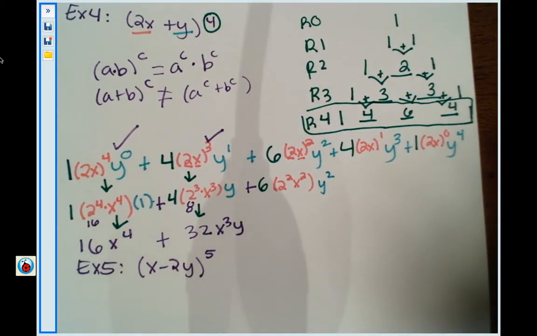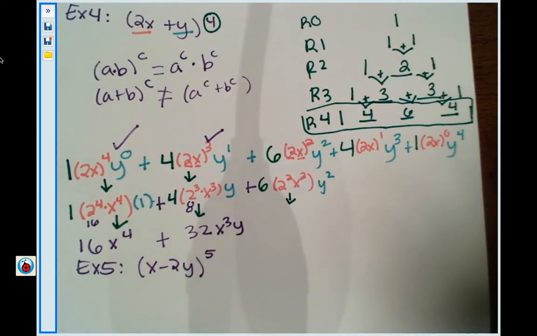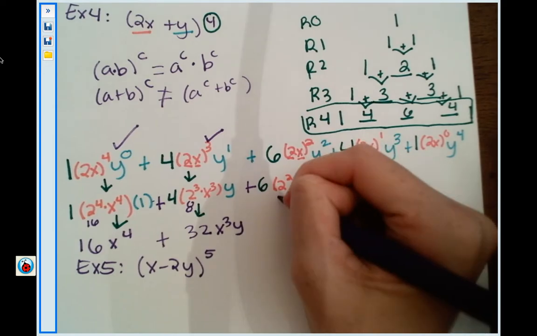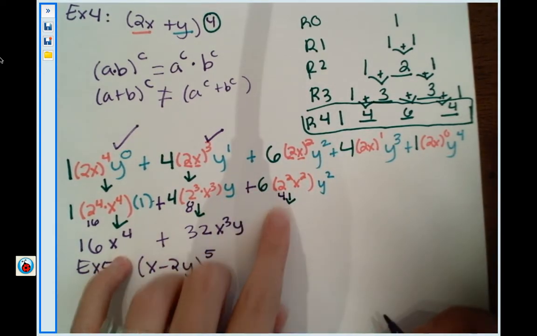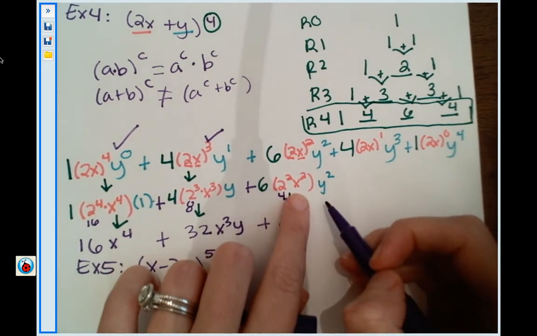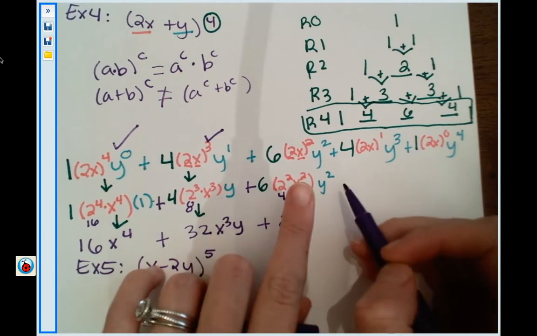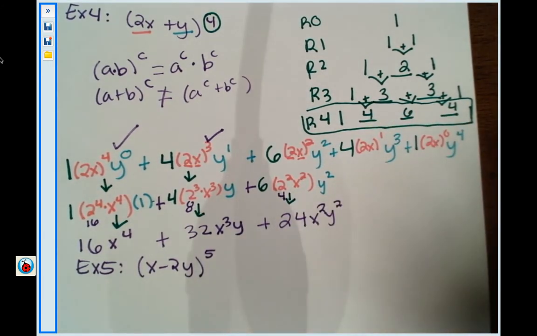Let's see what magical things happen when we multiply all this together. 2 to the 2nd power: 2 times 2 is secretly a 4. 6 times 4 is 24, and it's a positive 24. And then I'm left with my x squared, y squared, which I can't combine together, so it's just x squared y squared. And that term's done.